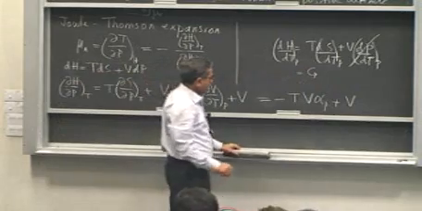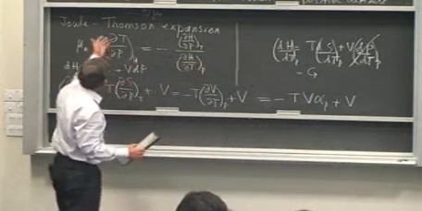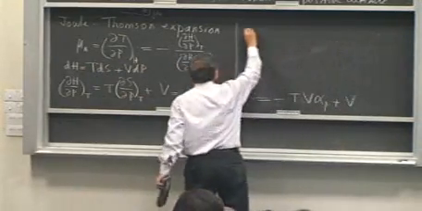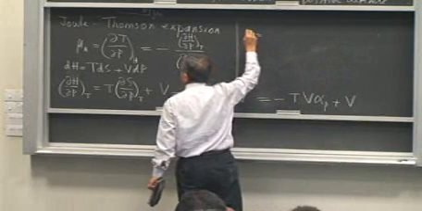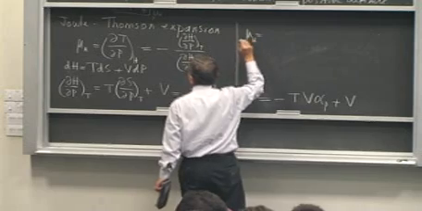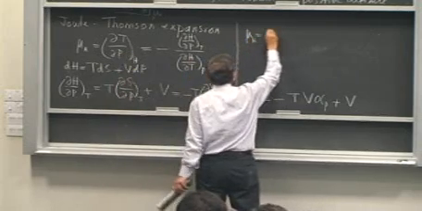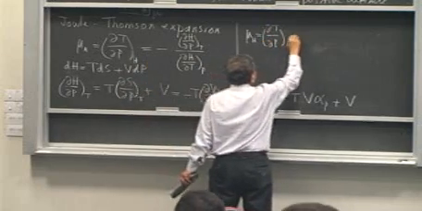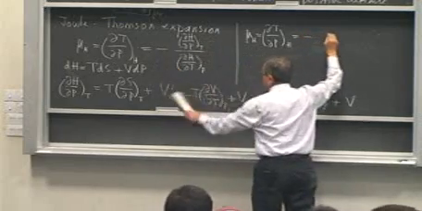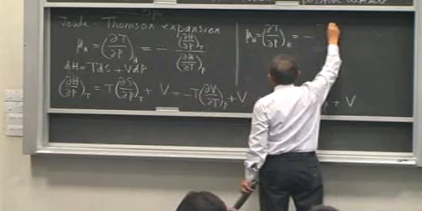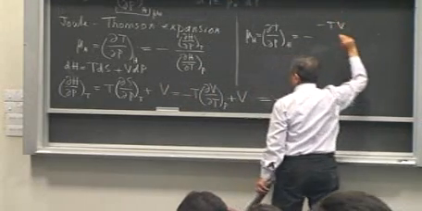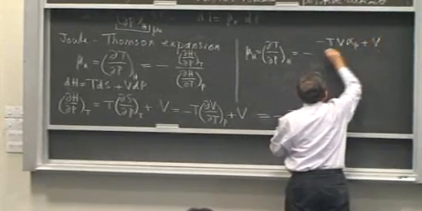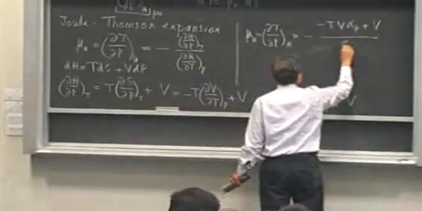So the whole thing, the Joule-Thomson expression mu h, equal to dT by dP at constant H, is equal to minus, the numerator is minus T times V times alpha P plus V, and the denominator is Cp.